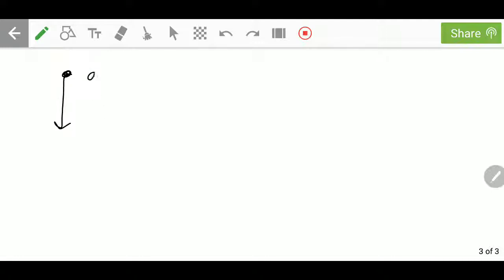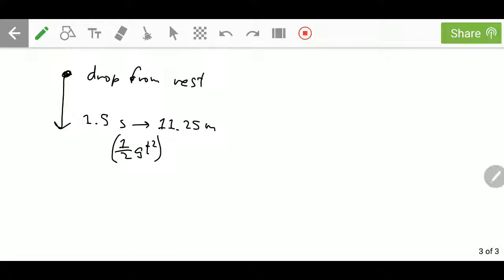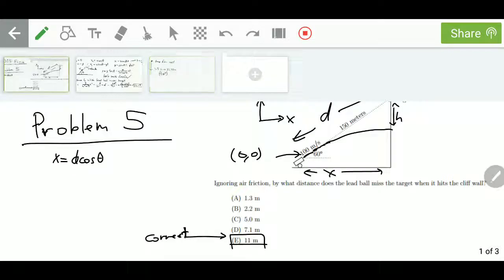So if we dropped an object from rest, then in 1.5 seconds it would indeed fall 11.25 meters just by 1/2 gt squared. And so is there some nice way of interpreting that? Well, indeed there is.